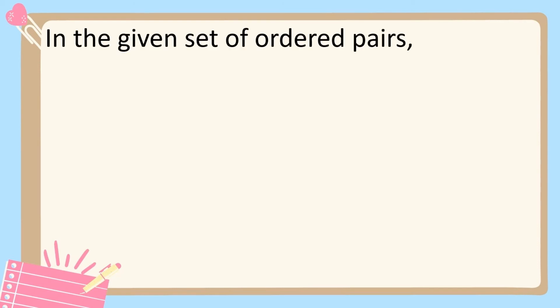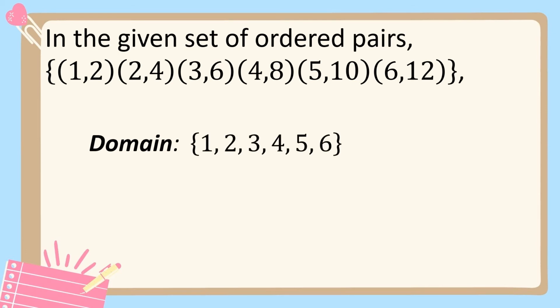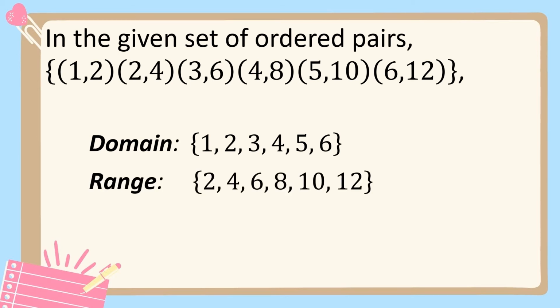So in the given set of ordered pairs, the domain is a set of 1, 2, 3, 4, 5, and 6, while the range is the set of 2, 4, 6, 8, 10, and 12.